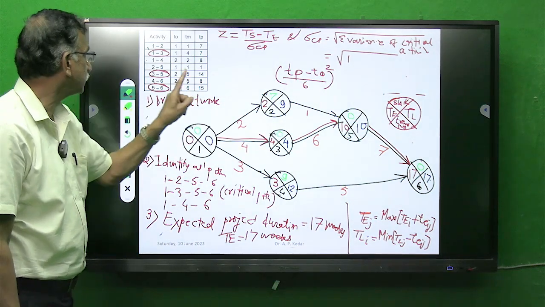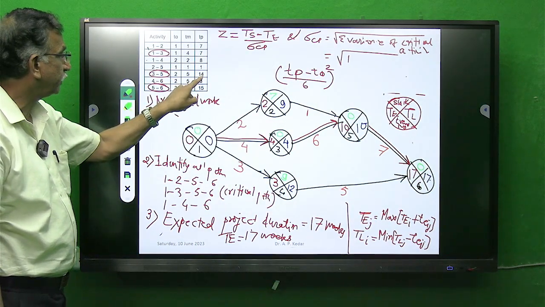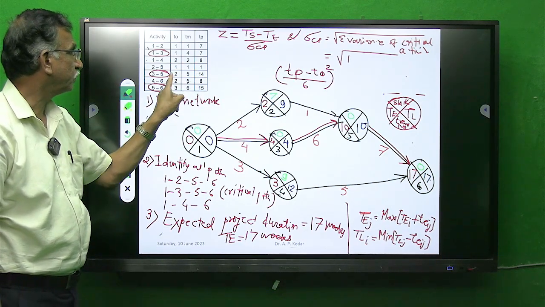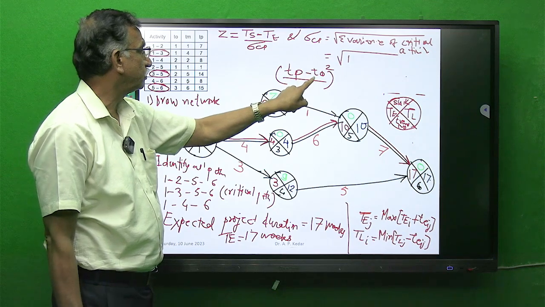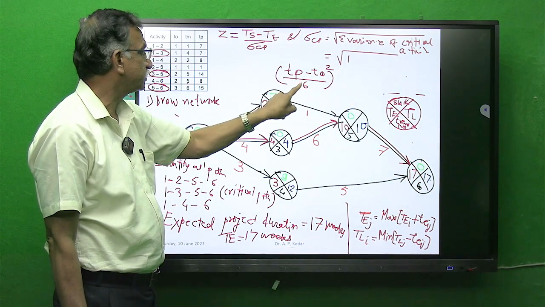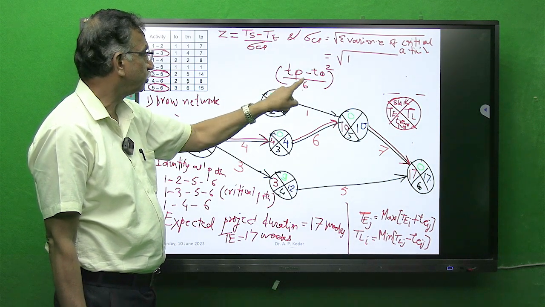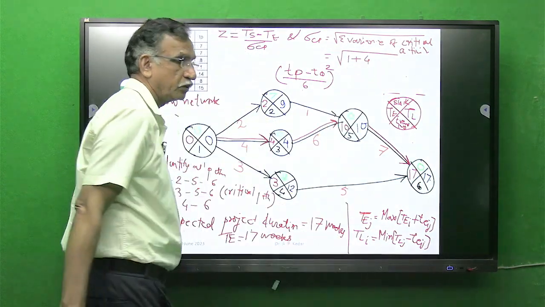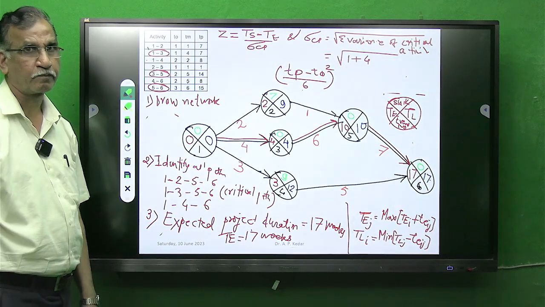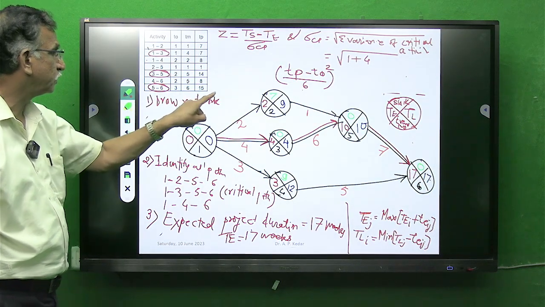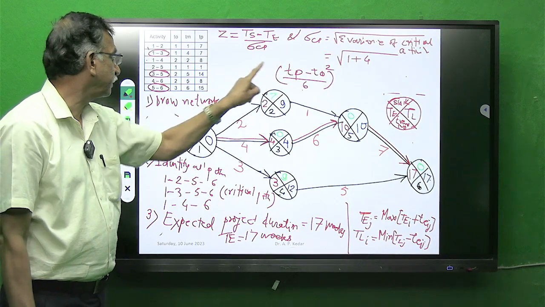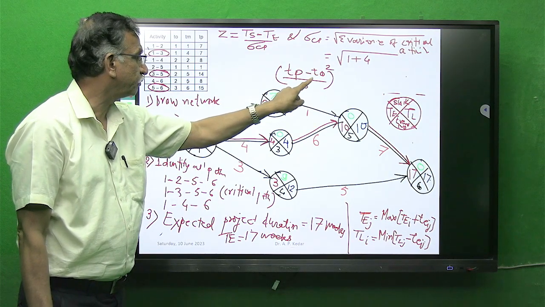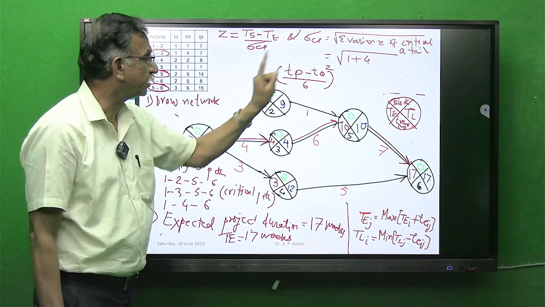Other critical activity is 3-5. 14 is Tp. 14 minus To 2, 12, 12 by 6 is 2, square 4, plus 4. 5-6, Tp is 15, 15 minus To 3, 12, 12 divided by 6, 2, 2 square, 4.